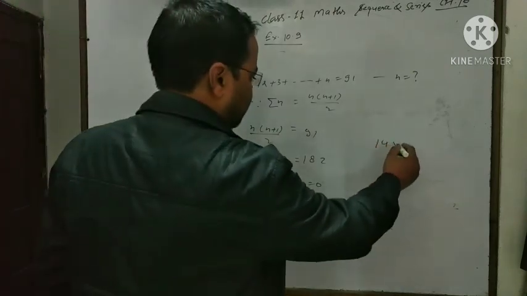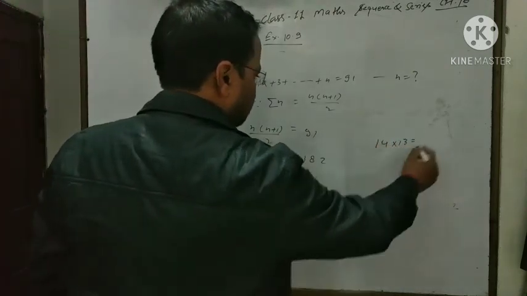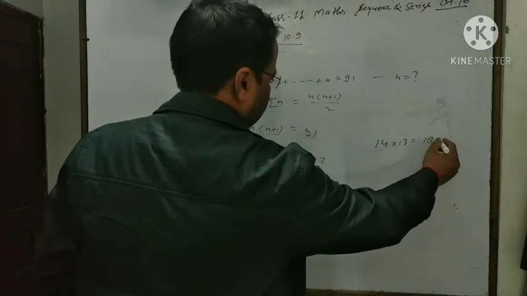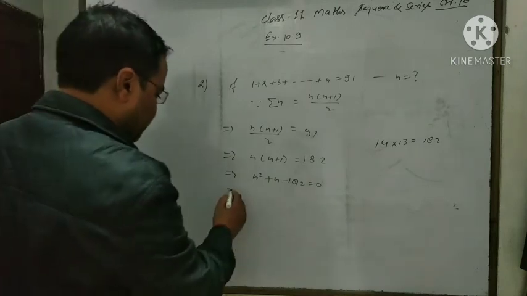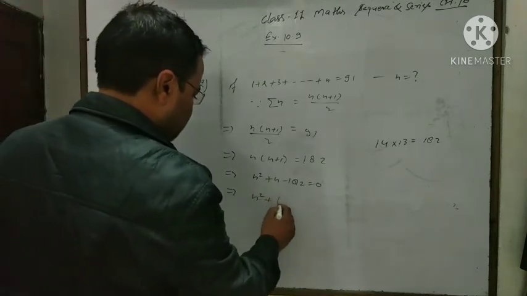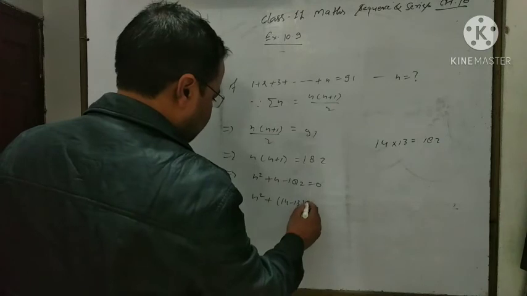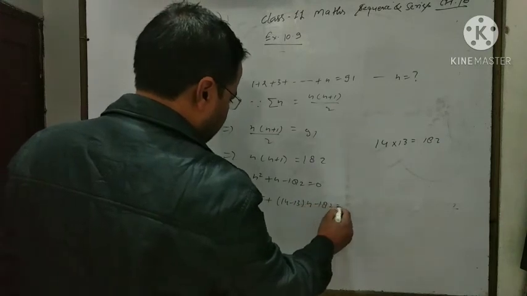The multiplication of 14 into 13 is equal to 182, and the difference of 14 and 13 is 1. Then we can write here n square plus 14n minus 13n minus 182 is equal to 0.